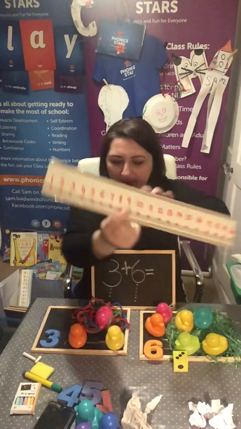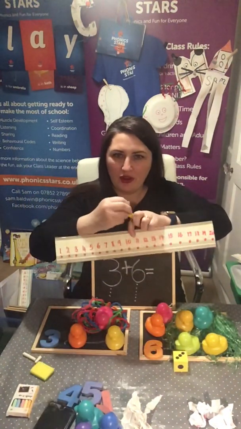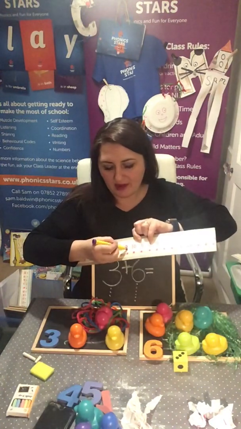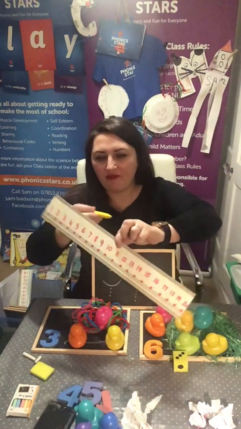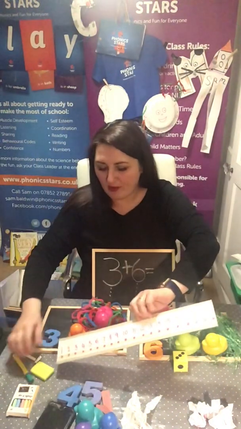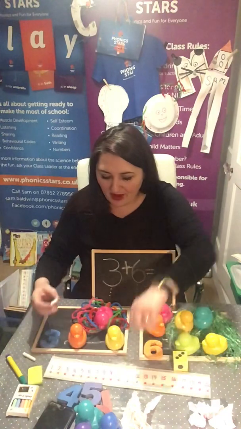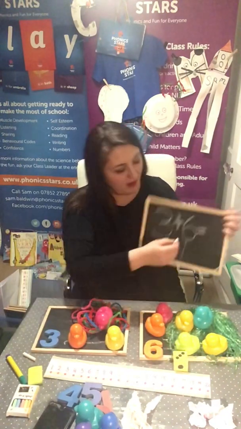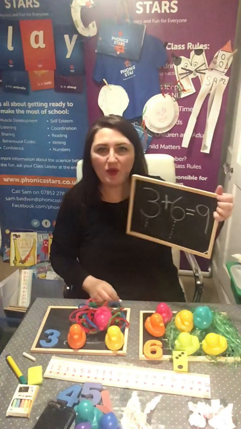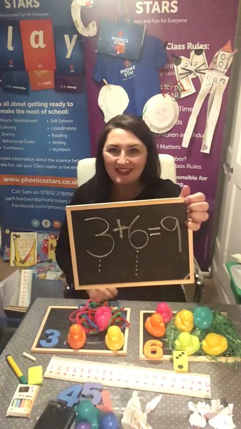That's number 9. I could even draw over the top of my number 9. Helps me do my writing. I've covered this in a clear plastic, which means it's wipeable. Now I know what number 9 looks like. I can write my number 9 on my board. 3 plus 6 is 9.